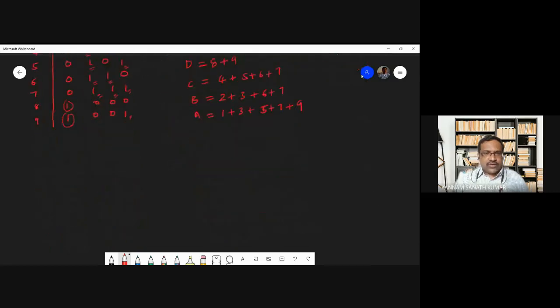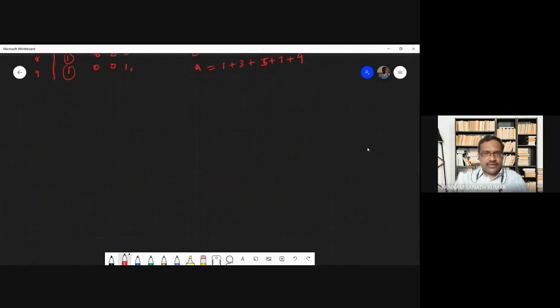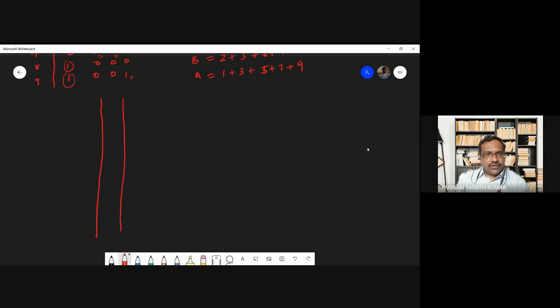Now you can draw the logic diagram for the decimal to BCD encoder. These are the decimal values. How many decimal values do you have? Total 9 decimal values you have to draw.